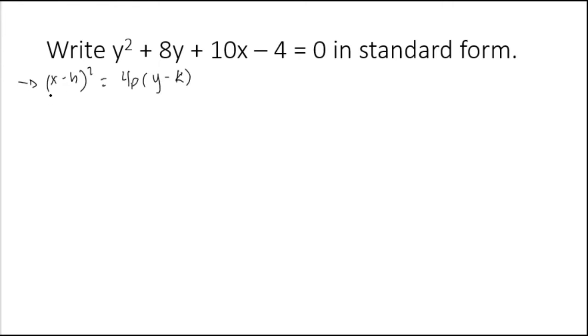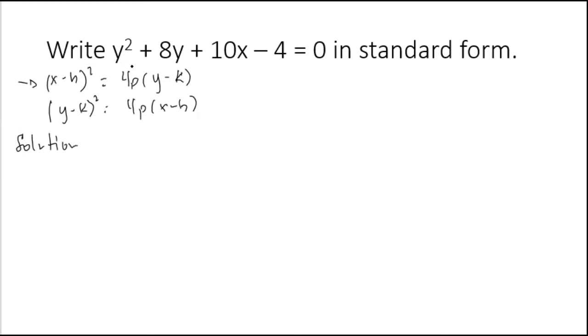But if it is y squared, we will use (y minus k) squared equals 4p times (x minus h). Okay, so as you can see, these will be our patterns. So let's do the math here. Solution.